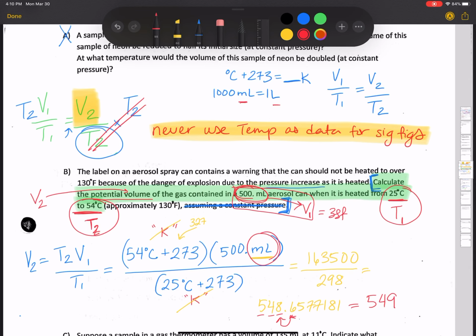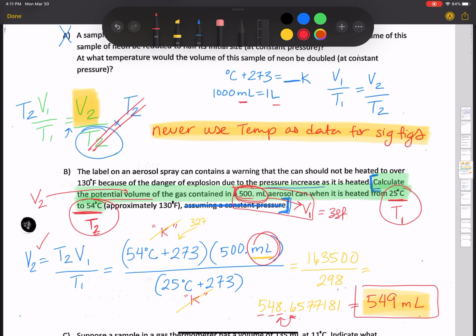My remaining unit was milliliter, so that's my unit, which works out very well because milliliters is a unit of volume. The reason why you never use temperature as data for sig figs is because, remember, your units of temperature must be in Kelvin. So when you are dealing with temperatures of Celsius, or let's say that you had a question that gave you temperature in units of Fahrenheit, which for us, I will not give you, we will strictly be dealing with temperatures of Celsius, that can't work for gas laws.